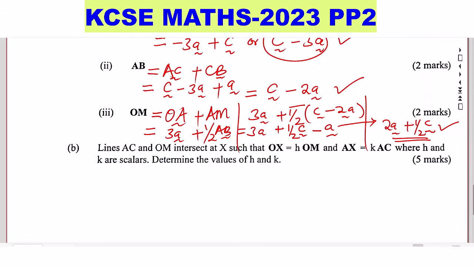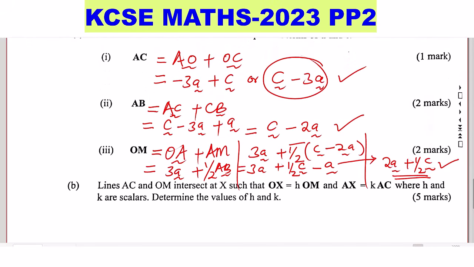Determine the values of H and K. So in order to get the values of H and K, you must come with two simultaneous equations, and in those simultaneous equations you are going to involve these vectors, one equation to have OX and the other equation to have AX.